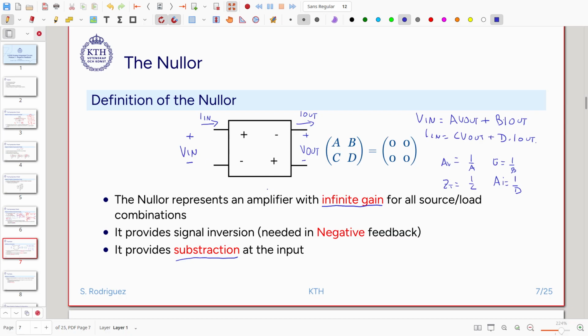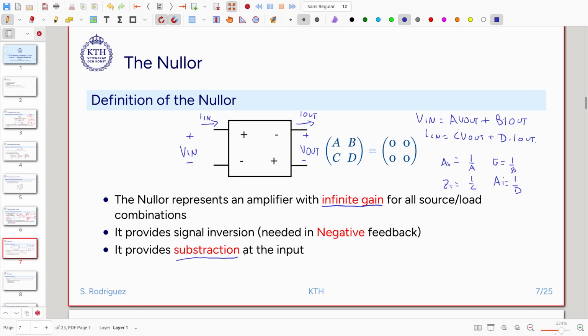So basically, I have all the ingredients to implement the negative feedback. So we have gain, and then we have an addition or subtraction at the input. So I can implement this addition of a negative quantity at the input.